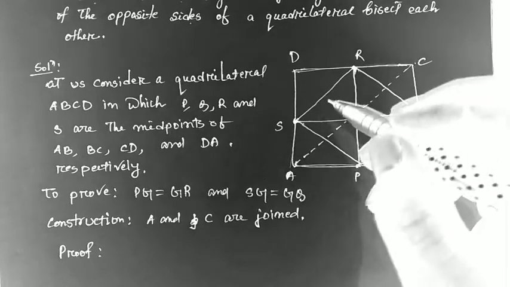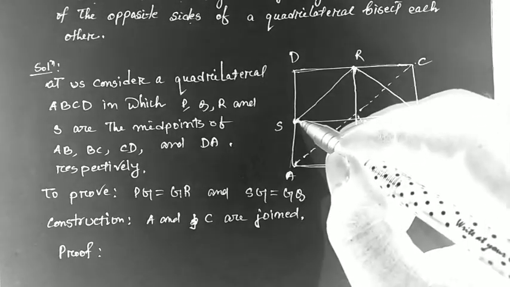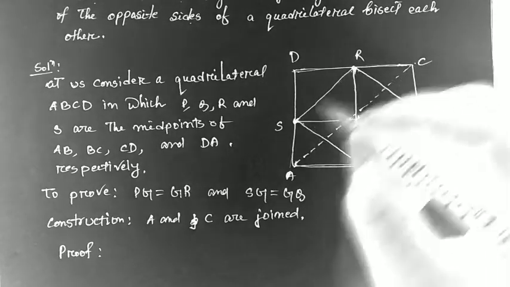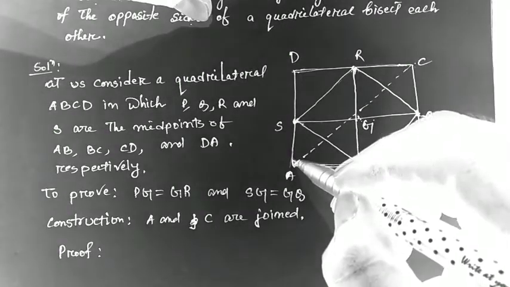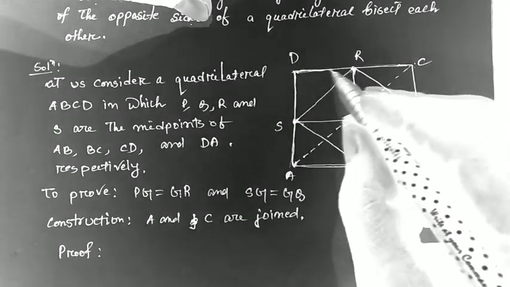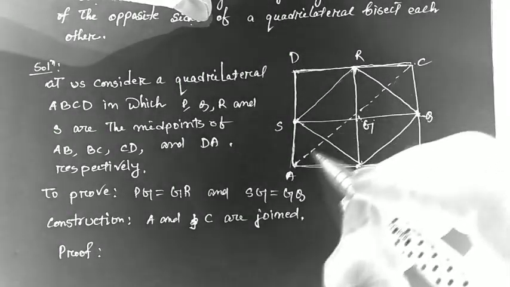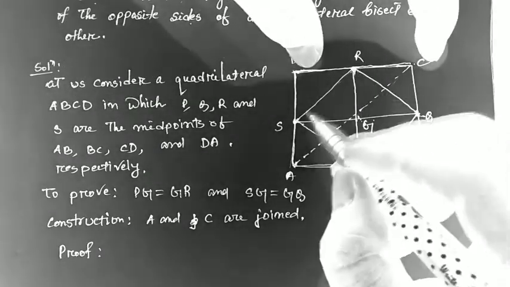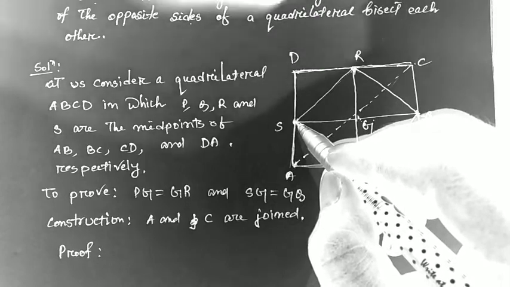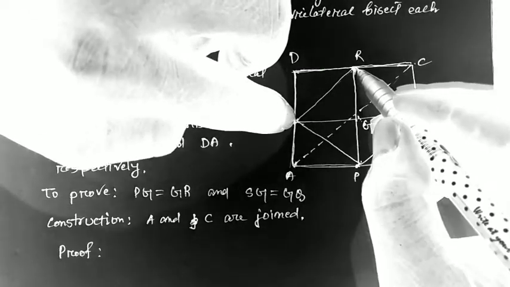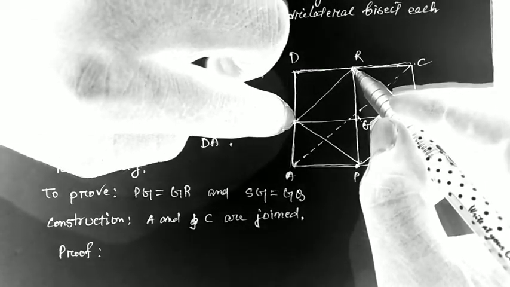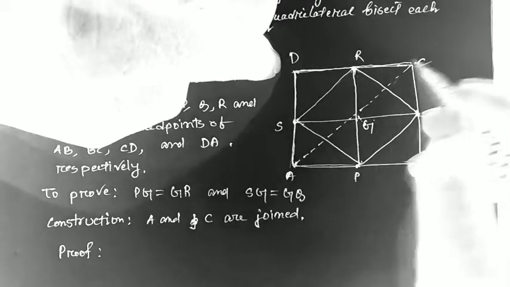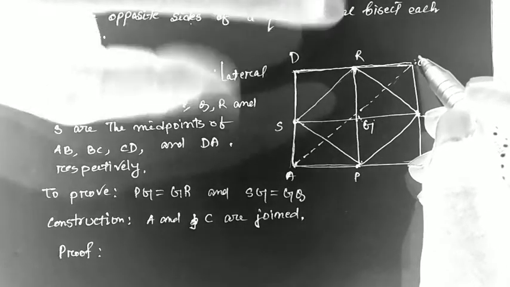So SR is the line segment joining the midpoints of two sides of triangle ADC. We know that the line segment joining the midpoints of two sides of a triangle is parallel to the third side and half of the third side.